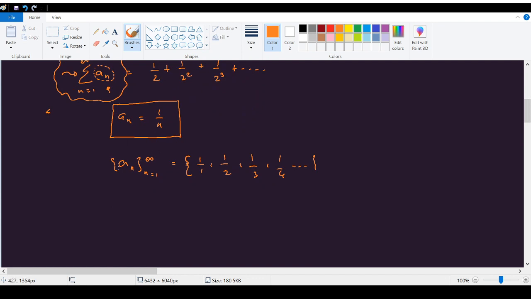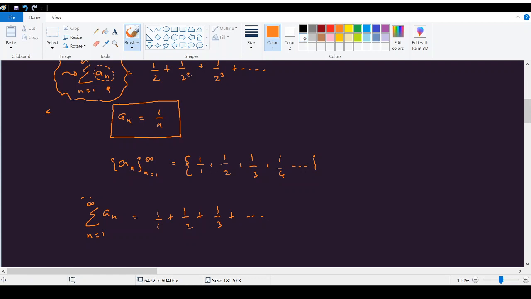Now according to this, if we write the sigma notation, here also you have to indicate the starting point and the end point. Usually the end point is infinity. Then this becomes 1 plus 1 over 2 plus 1 over 3 plus likewise.